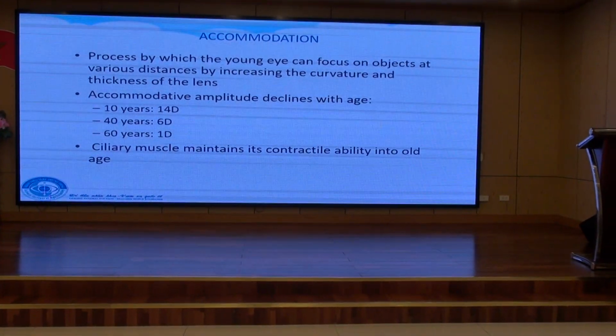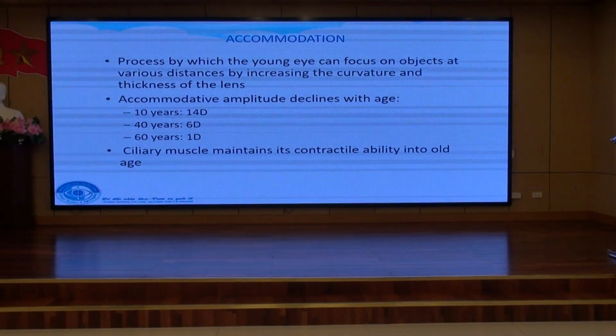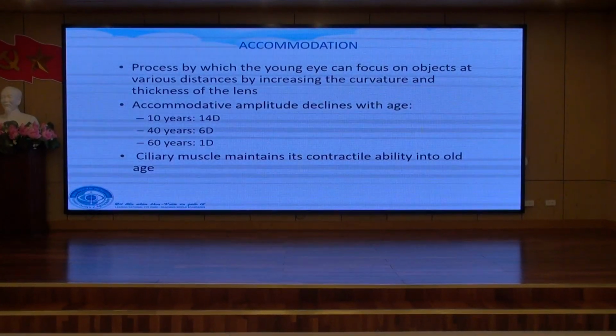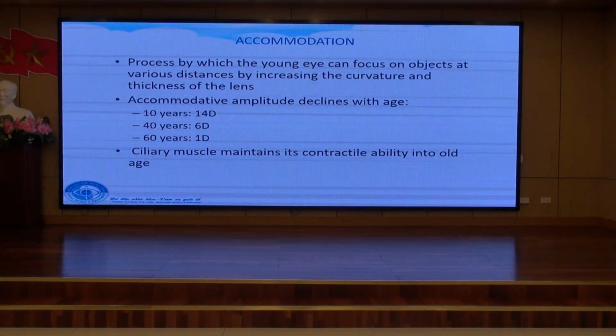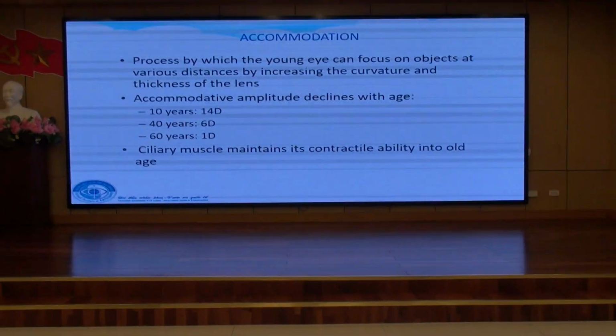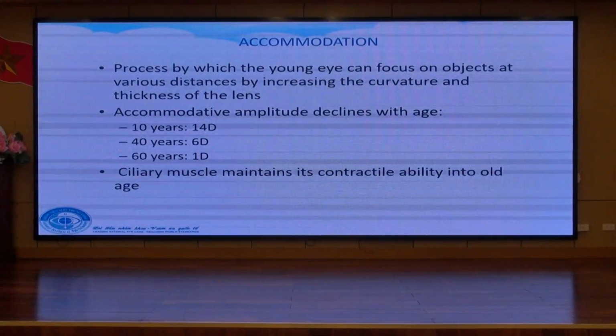As you know, accommodation is a process by which the young eye can focus on objects at various distances by increasing the curvature and thickness of the lens. The accommodative amplitude declines with age.